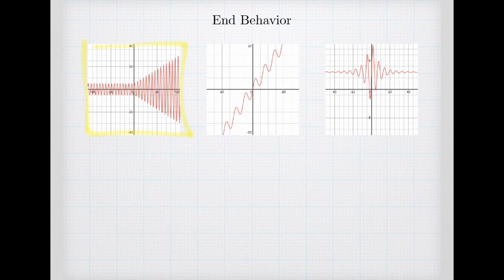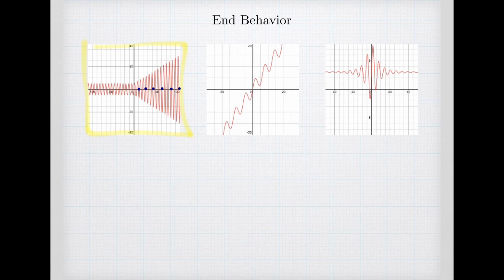So if I want to think about the limits of my function, the end behavior, I want to ask myself, if I created a sequence of x_n that's approaching positive infinity, so I'm picking x values ever increasing, going towards positive infinity, and I ask myself, what are the y values doing?